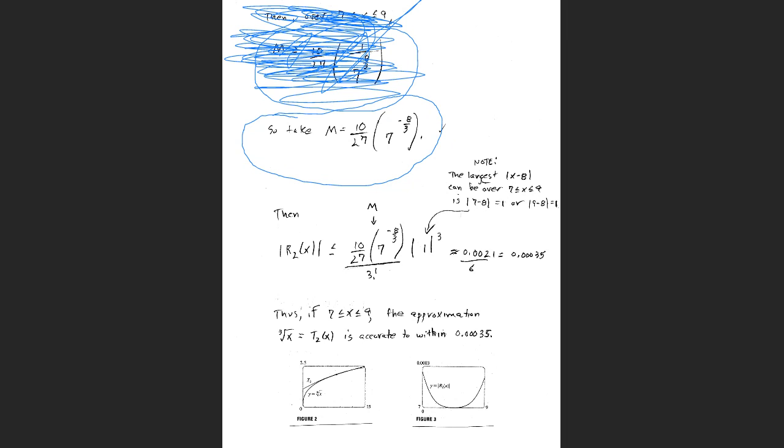Always refinements. So now what we're going to do is substitute that value of m in the bound for Taylor's inequality. Okay, there it is, right there.